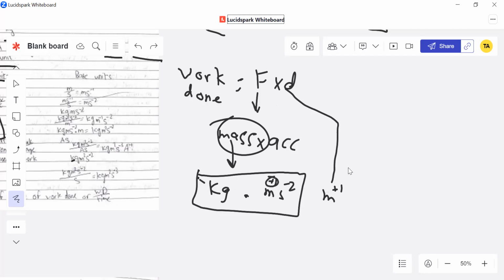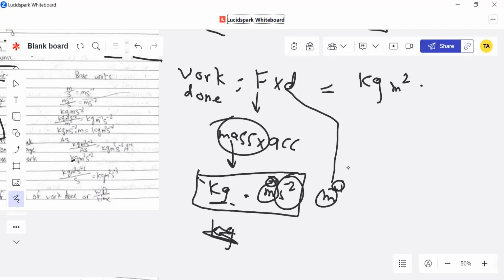So +1 and +1, they add up and become +2. So for work done, the final base unit I get is kg, and these 2 m's combine together to make m2 and s negative 2. This is the base unit for work done, kg m2 s negative 2.